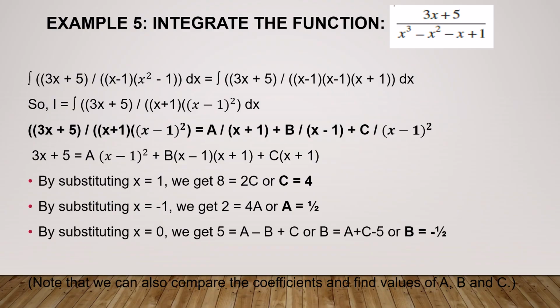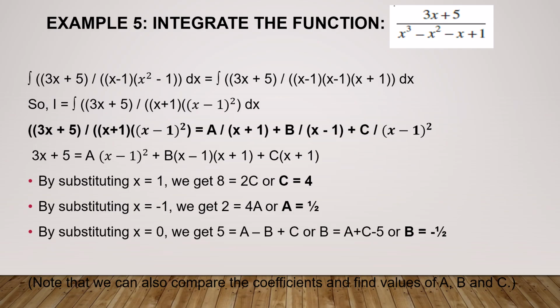See, partial fraction method is very useful whenever you are having proper fractional functions. So next example is of the type you have to integrate 3x plus 5 upon x cube minus x square minus x plus 1. Now see, the denominator is x cube minus x square minus x plus 1.